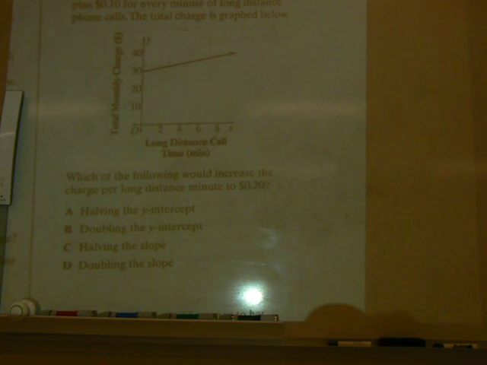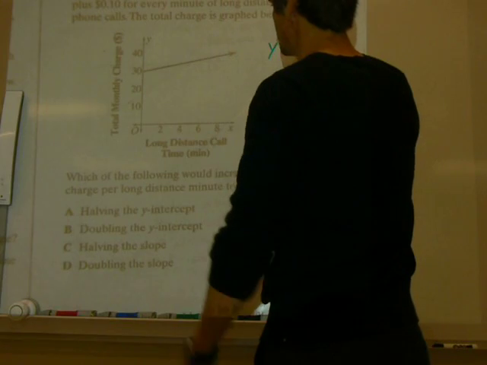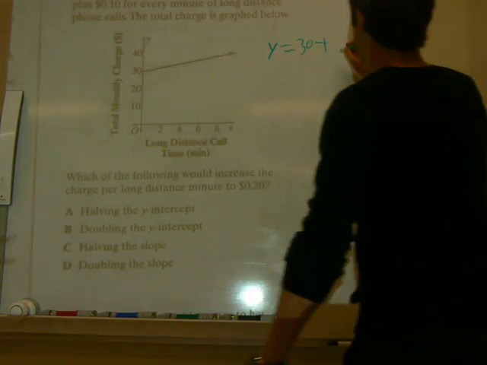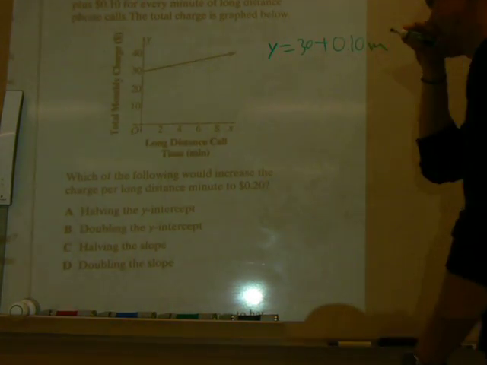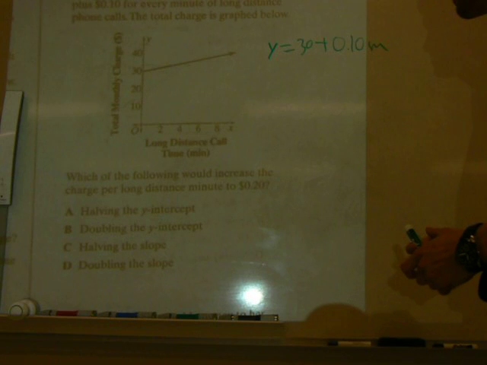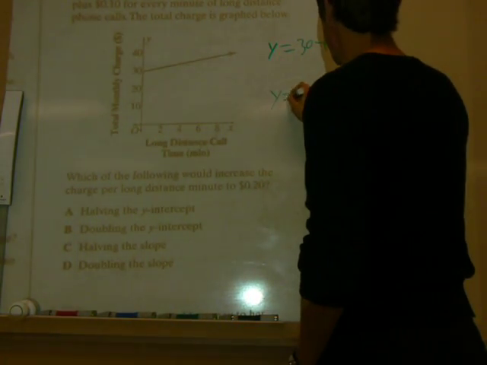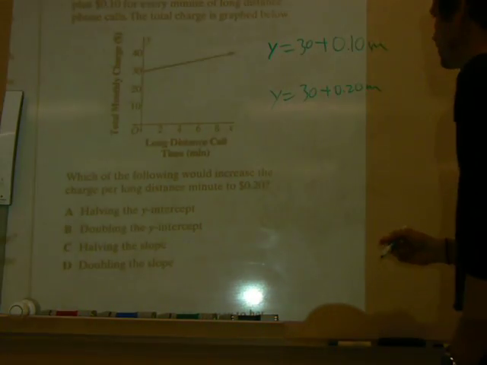So if we take a look at this, we can come up with an equation. Our y is going to equal $30 plus 10 cents a minute, 0.1 per minute, okay? Now, if we increase the charge per long distance minute to 20 cents, okay, your y is going to be 30 plus 0.20 m, okay?